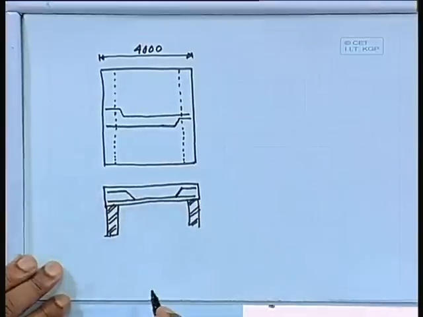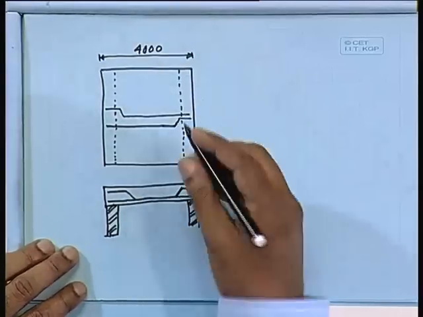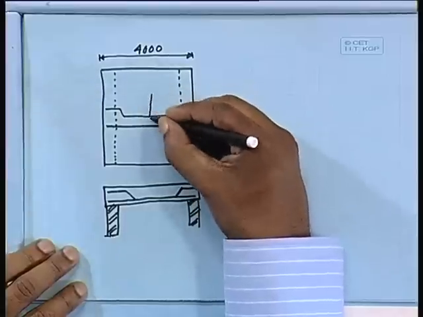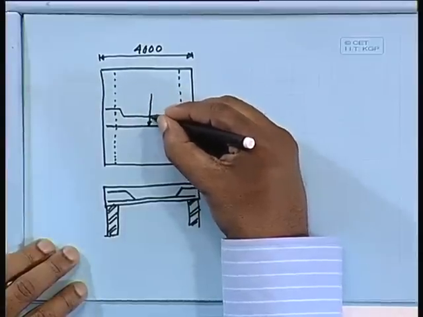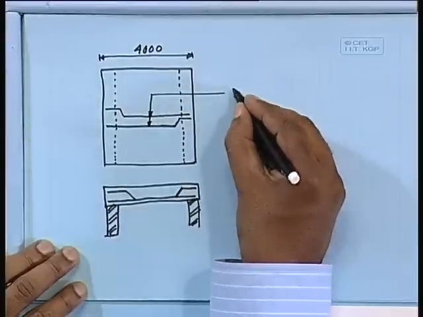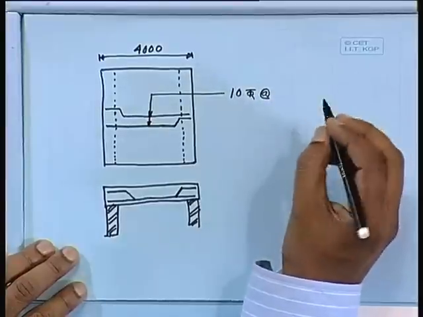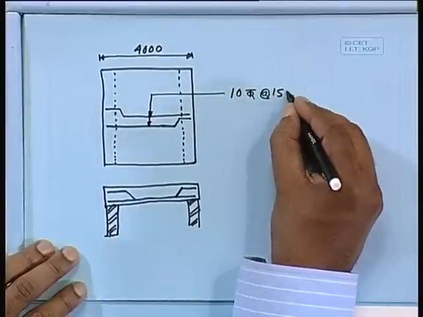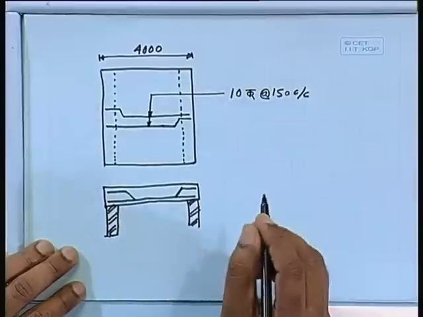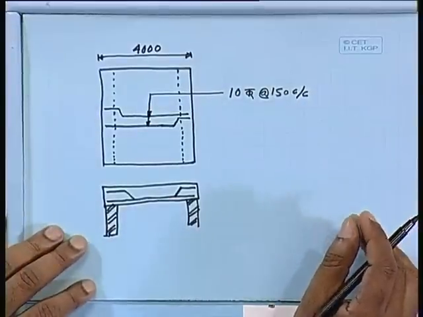This is your reinforcement and it will keep on going like that. Here, because we want simply supported case, we want this one as 10 torr at the rate of 150 center to center.